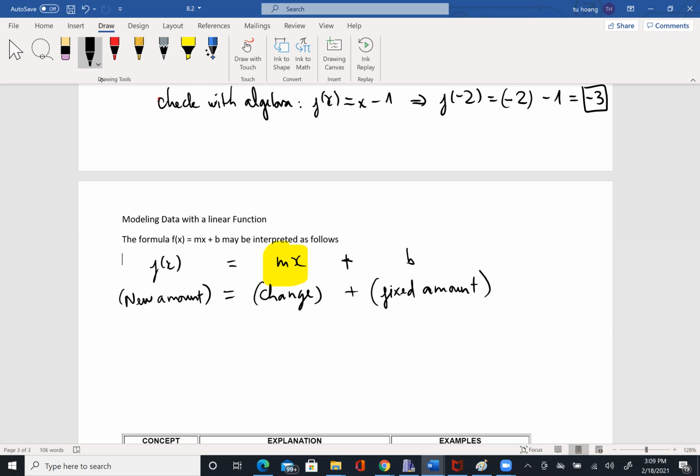Change will be equal to rate of change multiplied by time, like how much time you change.